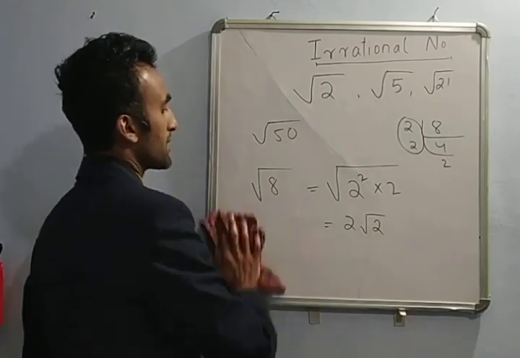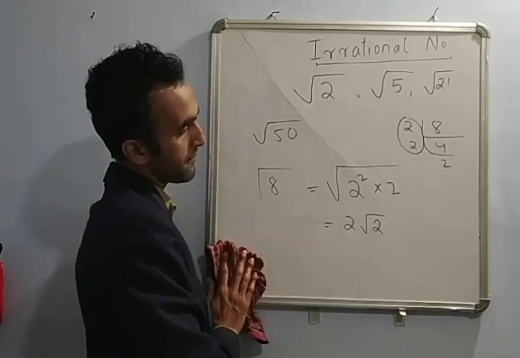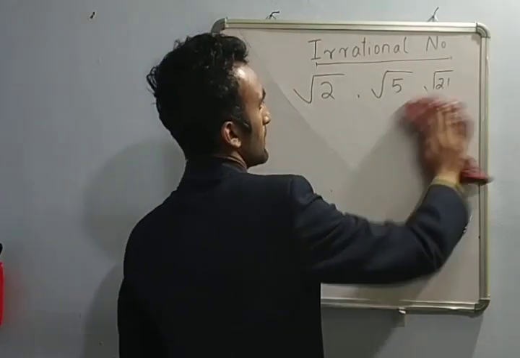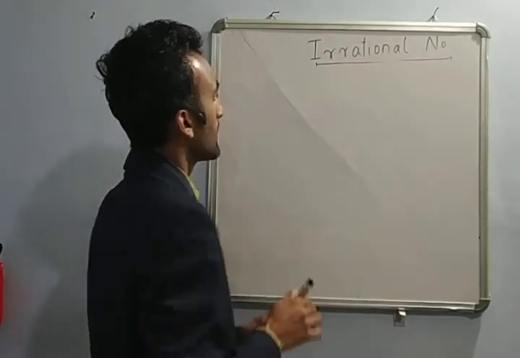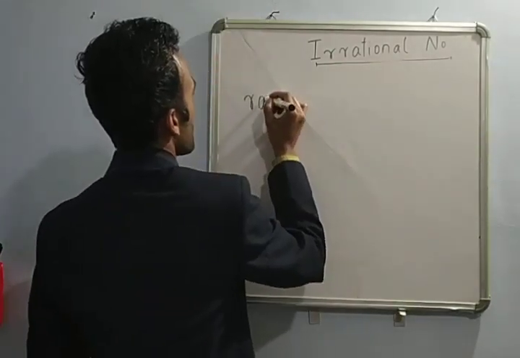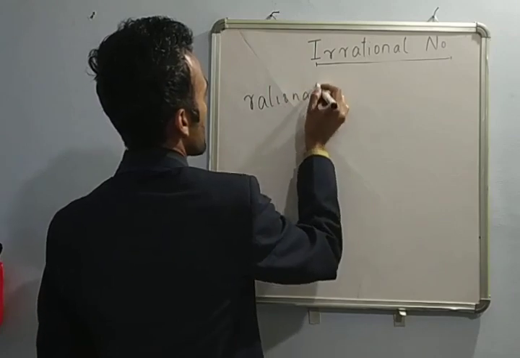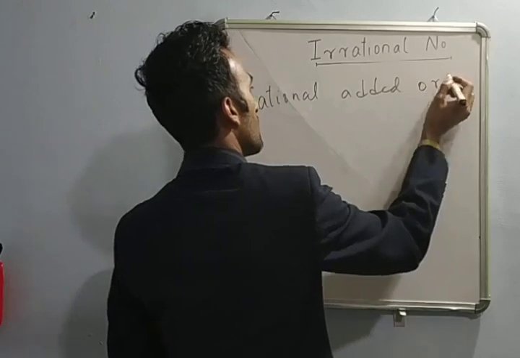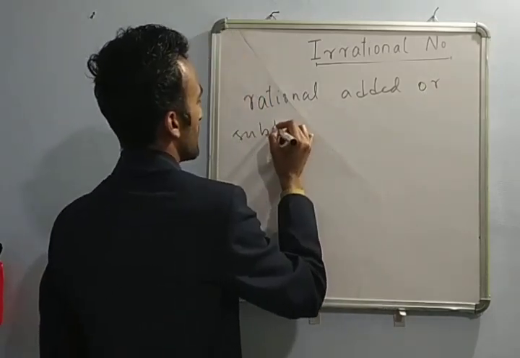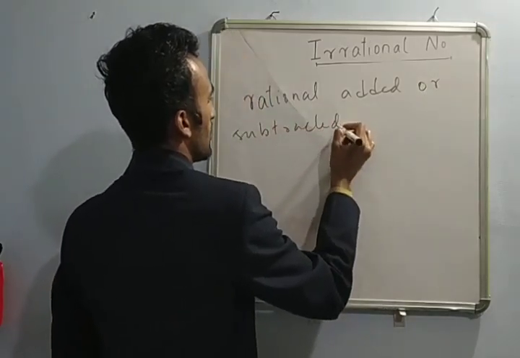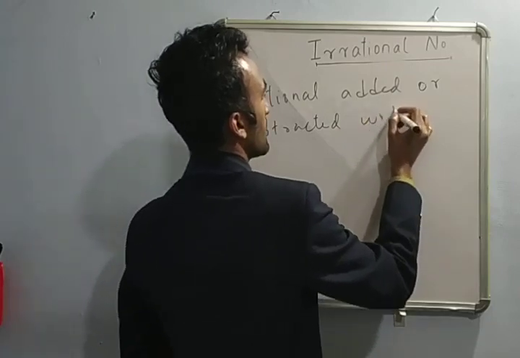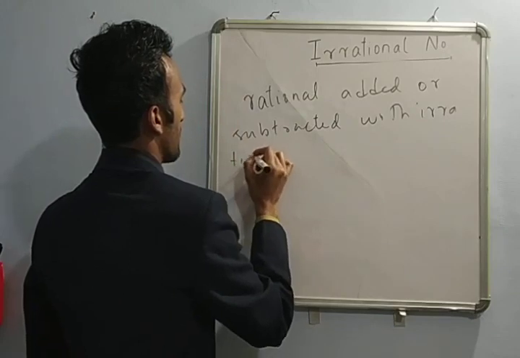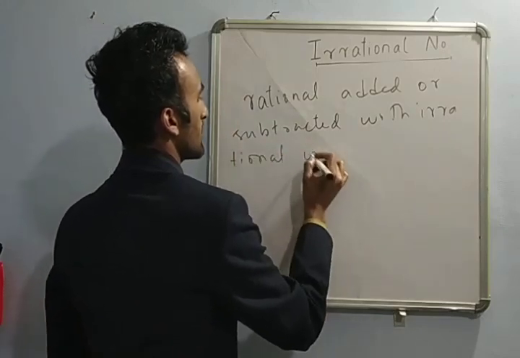Now I'll do some properties of irrational numbers. Point 1: a rational number added to or subtracted from an irrational number is irrational.